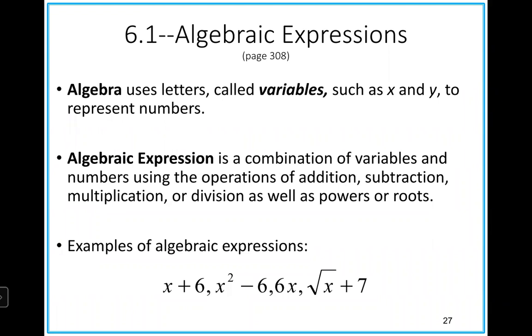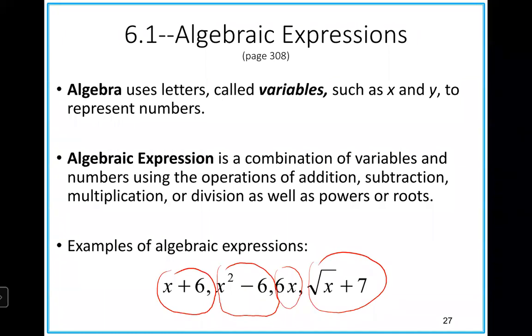There are 3 examples shown here: x plus 6, x squared minus 6, 6x by itself, and the square root of x plus 7. All of those are examples of algebraic expressions.